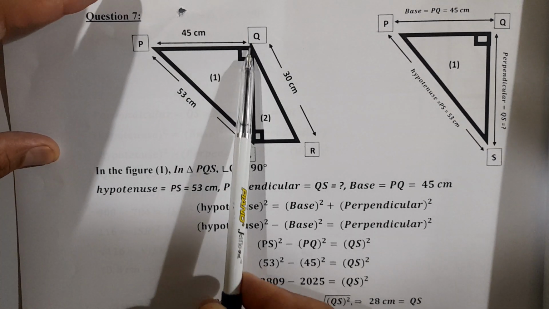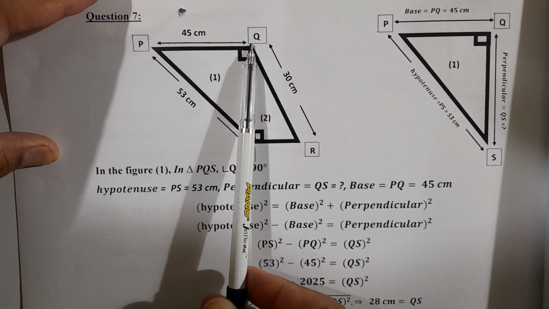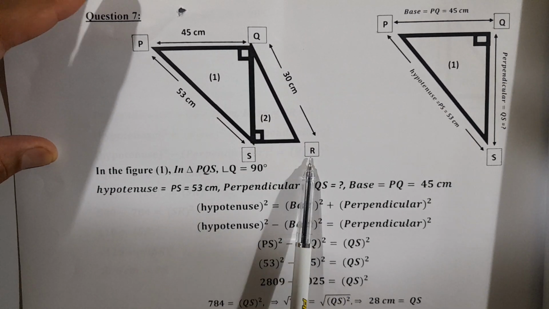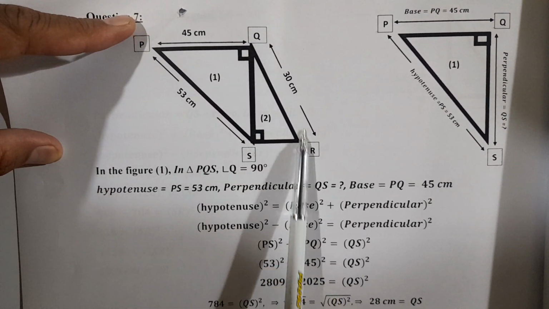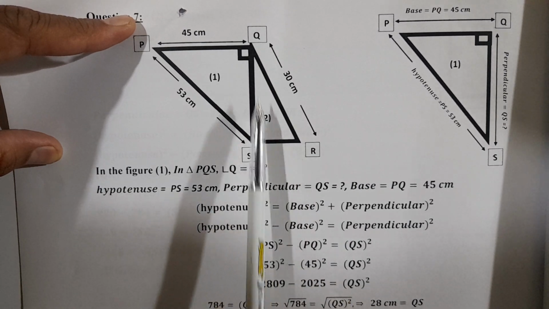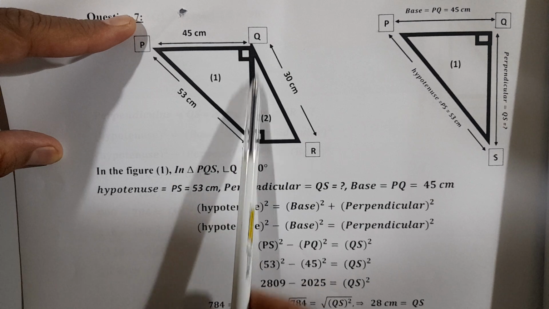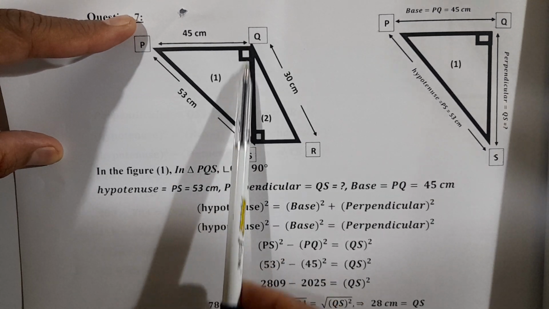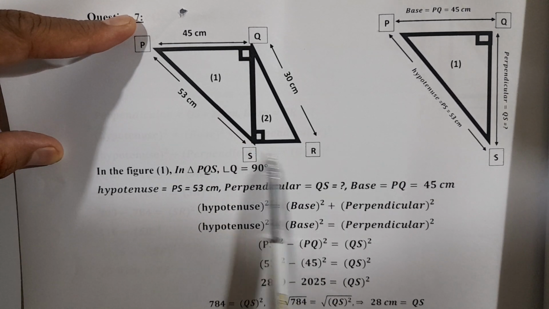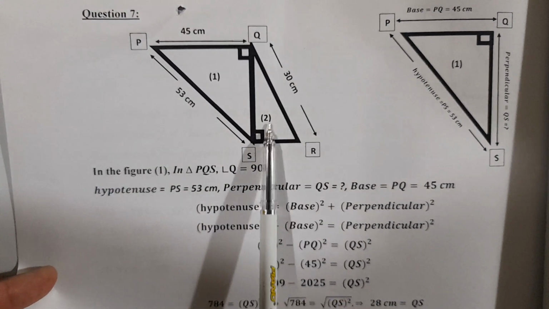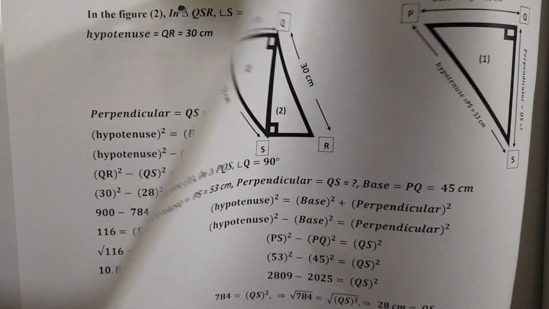Now, we will be solving triangle QSR. In this triangle, hypotenuse is given as 30, and QS is 28, and we will be finding the value of the base. So, we will be redrawing this triangle as figure 2 on the next page.